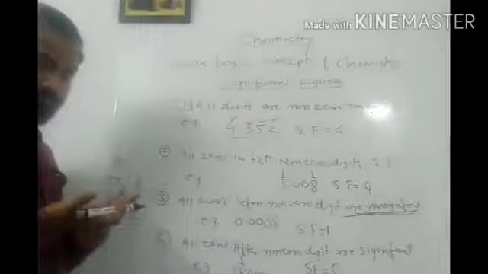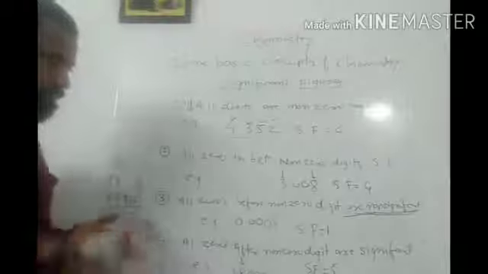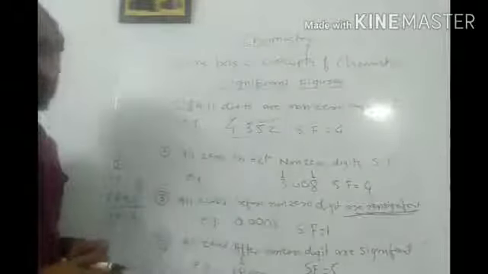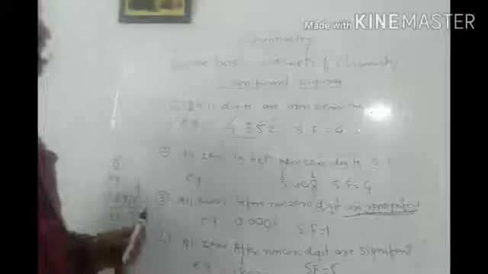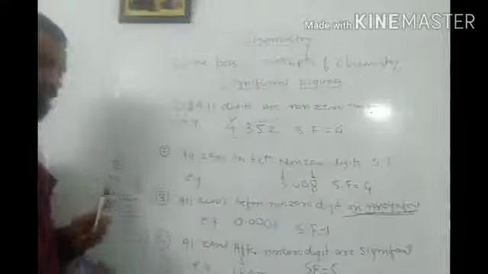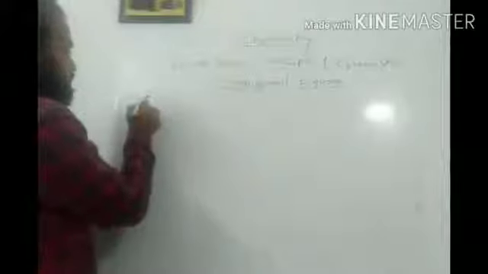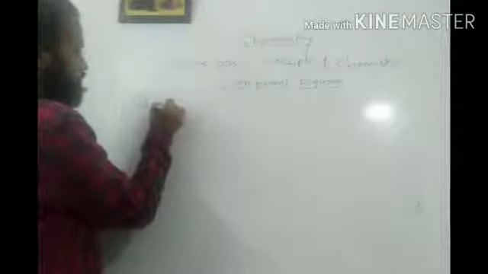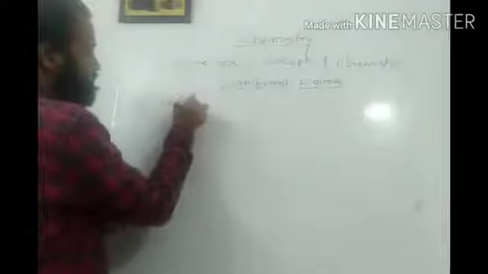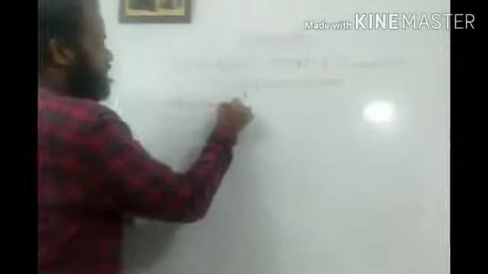All certain digits, with at least one of them doubtful, are known as significant figures. Now we will proceed to operations on significant figures. The first operation we are going to see is addition or subtraction.